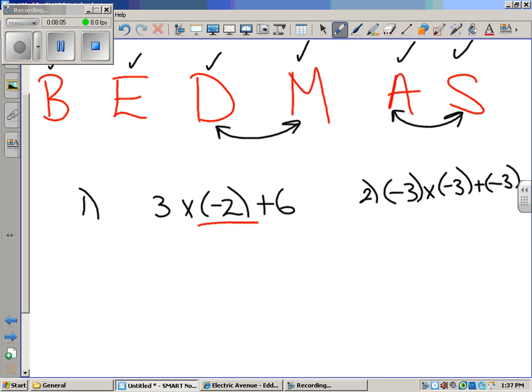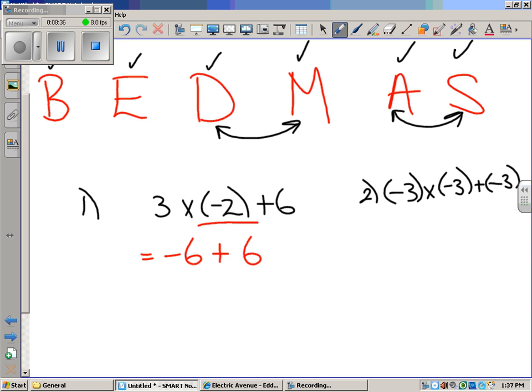There are no exponents to do. There is no division to do, so the first thing we have is this multiplication question. So 3 times -2 is a +3 times a -2. From our rule today, if the signs are opposite or different, your answer will be negative. So go ahead and put your negative. 3 times 2 is 6, so that'll be a -6 there. And you write down your +6 there.